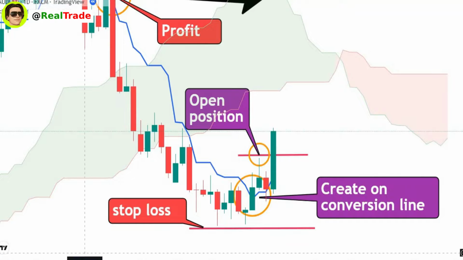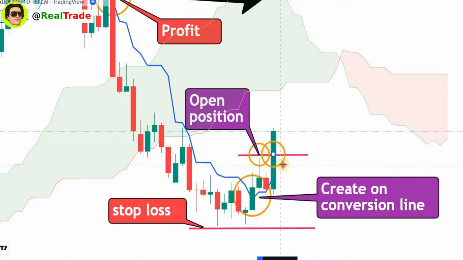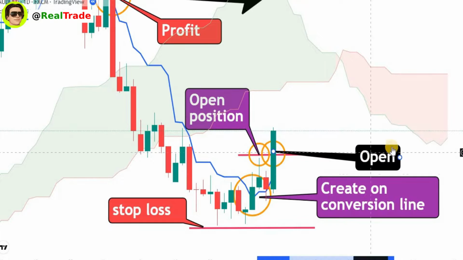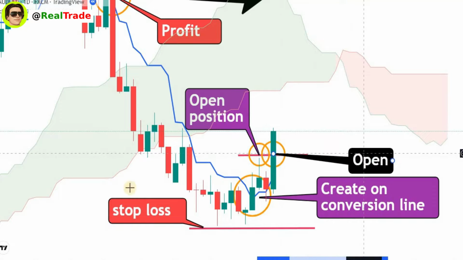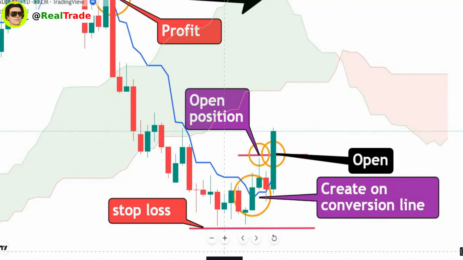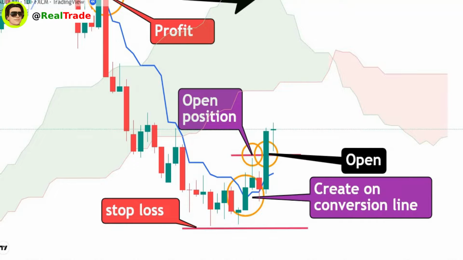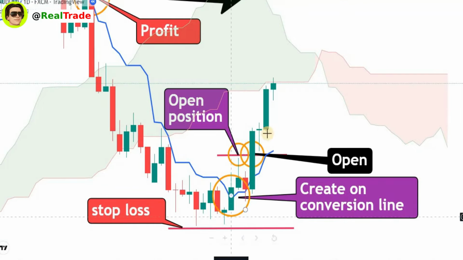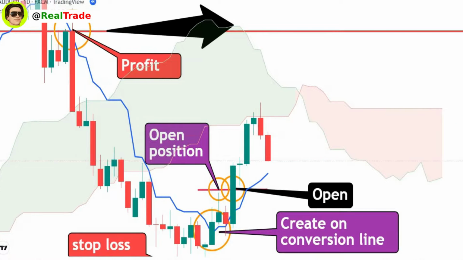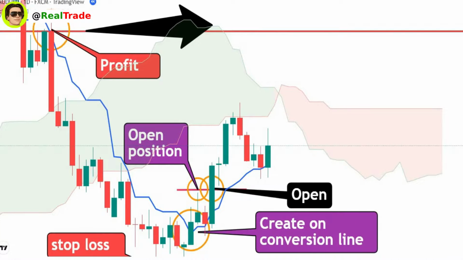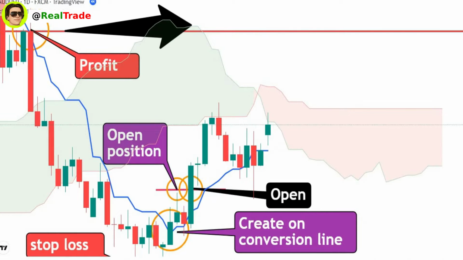This candle, open position. Continue. Yes, great position. Good. Great position. Continue.